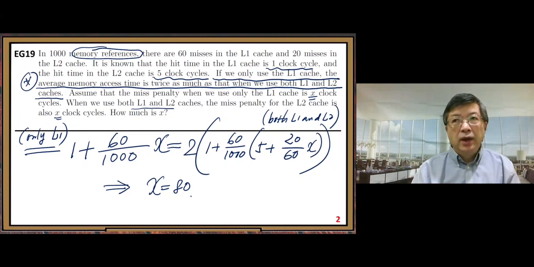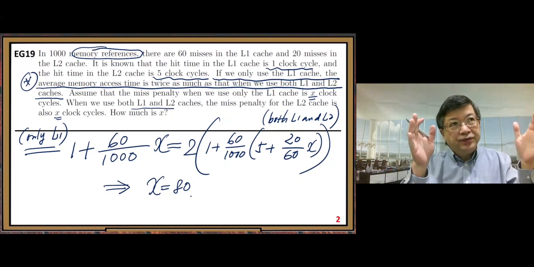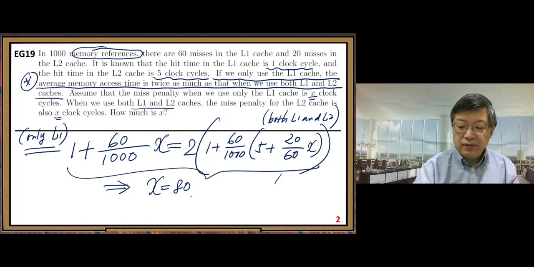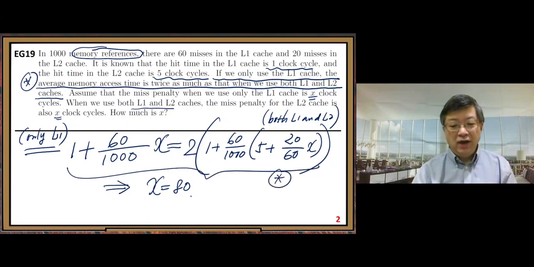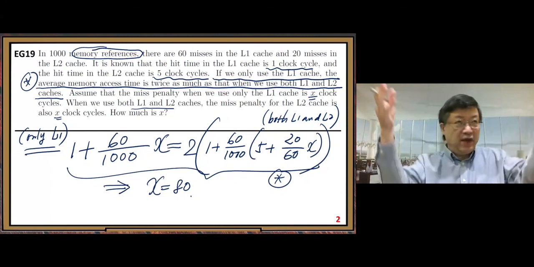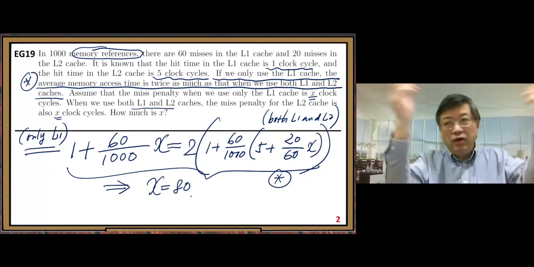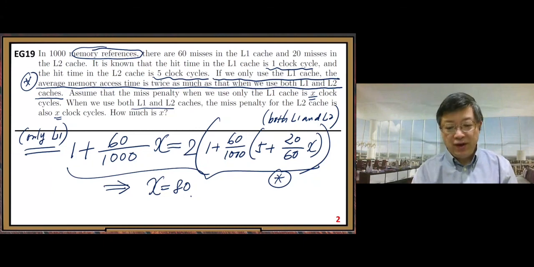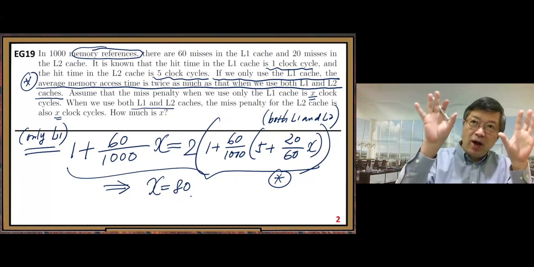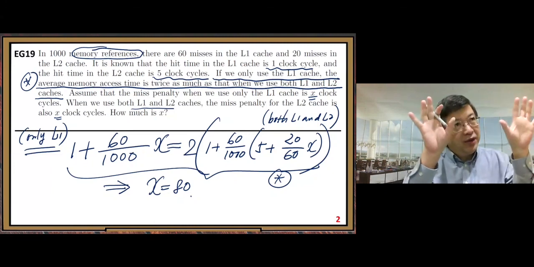So you can see, for a question like this, typically this is the main formula we use, the average memory access time formula for L1 and L2. Then you need to know which numbers are known and which one is unknown.